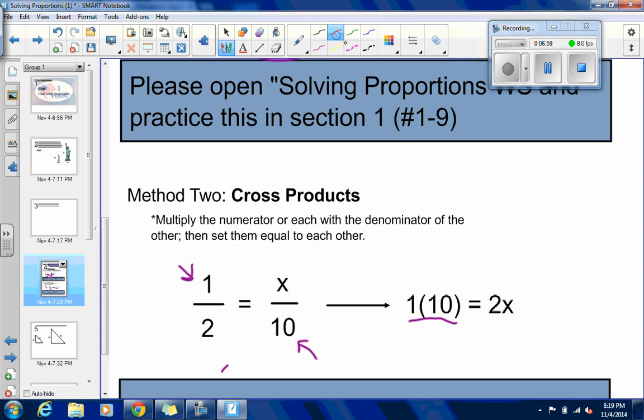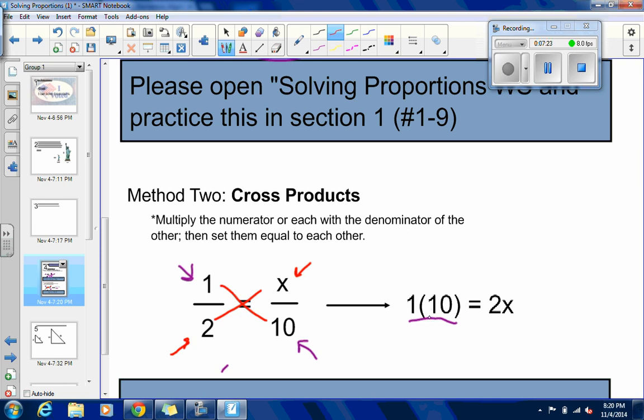Then you multiply the numerator of the other one with the denominator of the other. So we're doing cross multiplication here. That'd be 2 times x, which is 2x, and then set them equal to each other. That's cross multiplication. You multiply the opposites to each other and set it equal.